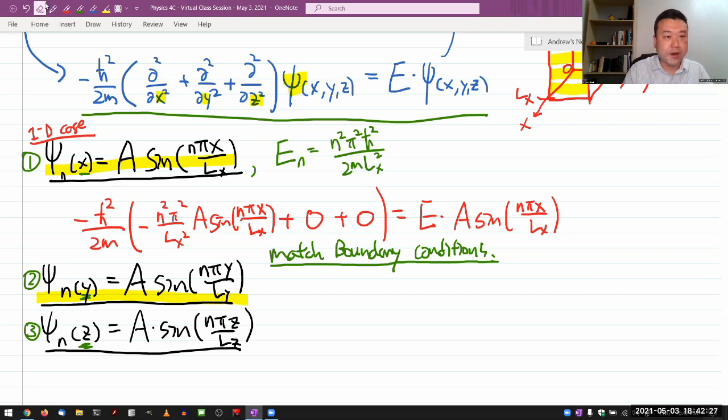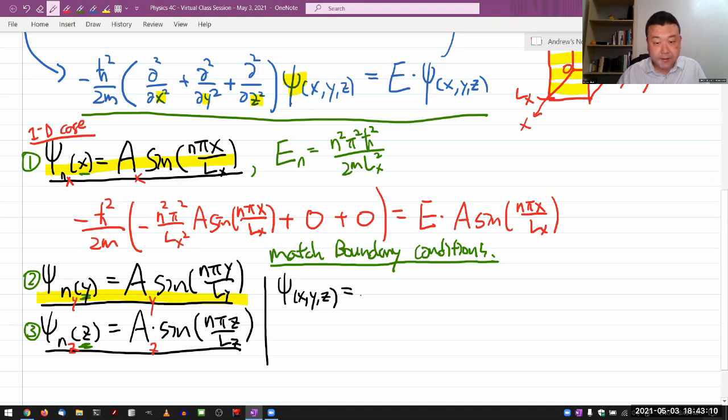So maybe you try something like this. Let me give them separate labels X, Y, and Z. And you say, okay, my wave function needs to depend on all of X, Y, and Z. My problem before in trying to match boundary conditions was that my wave function depended only on one of the three coordinate variables. So you say, I'm going to use these to build up my combined wave function.